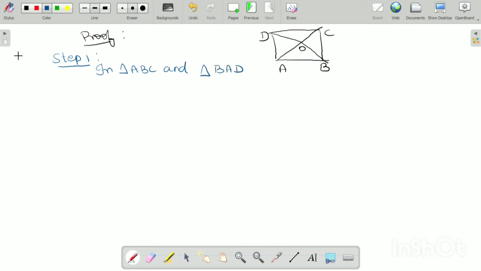First, I take the picture separately. ABC, so your picture is here, A, B, C, and BAD is here. In the previous slide itself I told you that we have to always show the congruency, so that we will prove first.